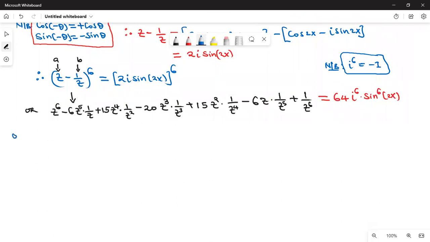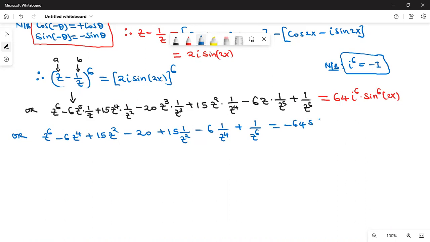So on the left-hand side, if I simplify this, I'm going to get z raised to 6 minus 6 z raised to 4 plus 15 z squared minus 20 plus 15 times 1 over z squared minus 6 times 1 over z raised to 4 plus 1 over z raised to 6, which is the same as negative 64 sine raised to 6 of 2x.